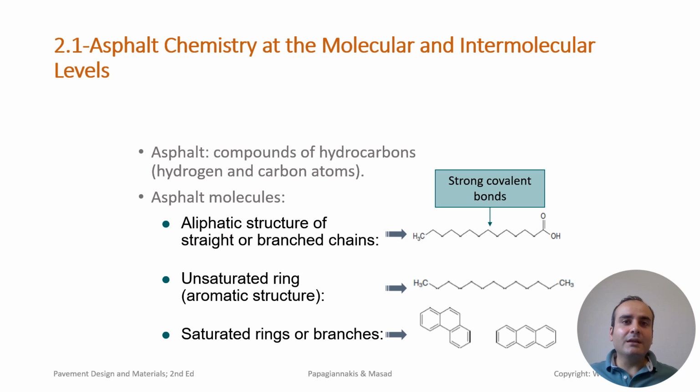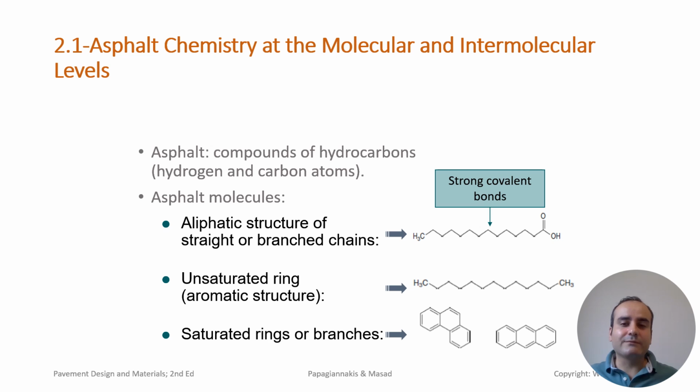At the molecular level, asphalt is composed mainly of hydrocarbons, which are molecules made of hydrogen and carbon atoms. These hydrocarbons can be categorized into different types of structures, including aliphatic structures, which are straight or branch chains, aromatic structures, which consist of unsaturated rings, and saturated rings or branches, which involve more complex molecular configurations.